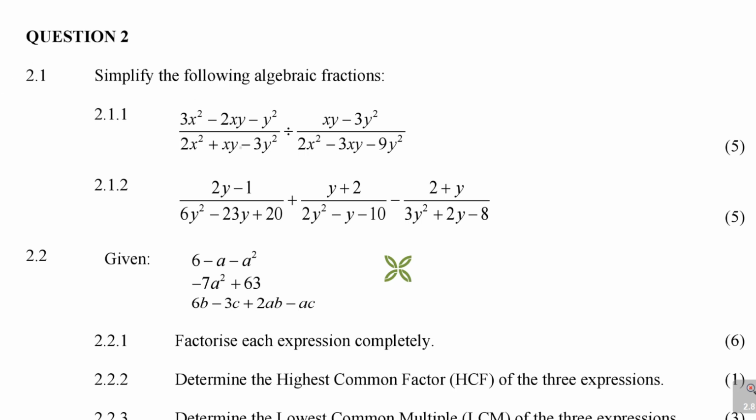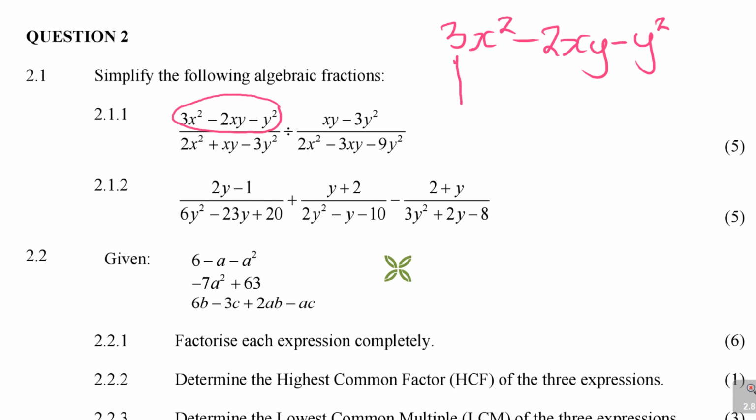Alright, look at this one here. If we look at the top one, I've got 3x squared minus 2xy minus y squared. I need to factorize this. When we say factorizing this, I keep on saying take the first and the last and multiply them together.